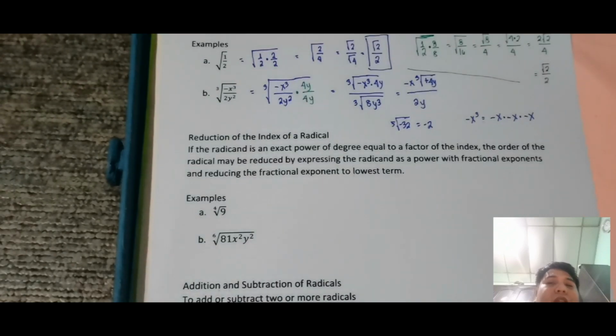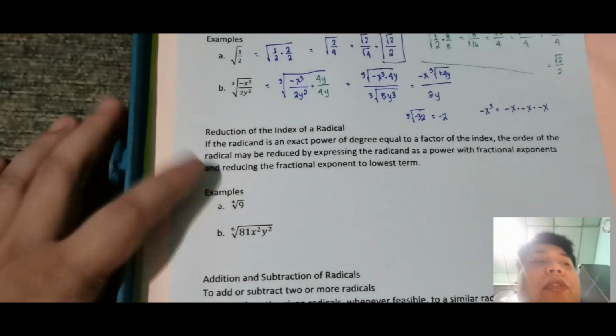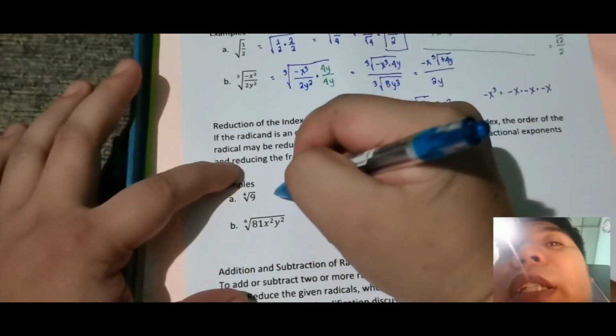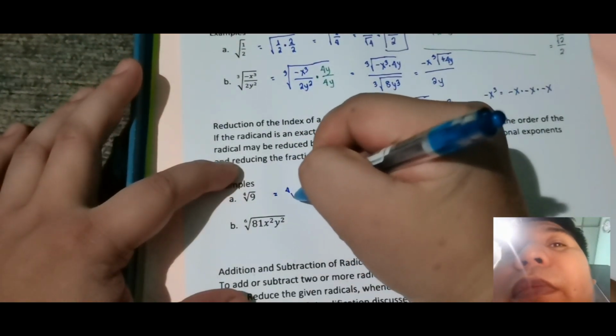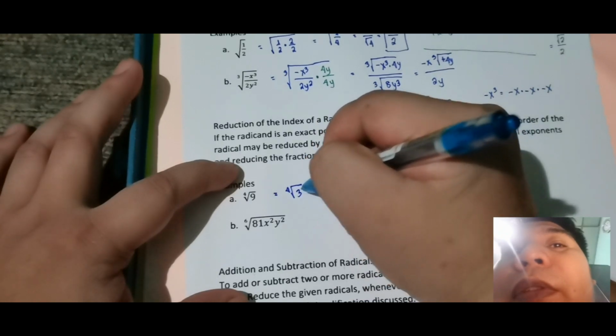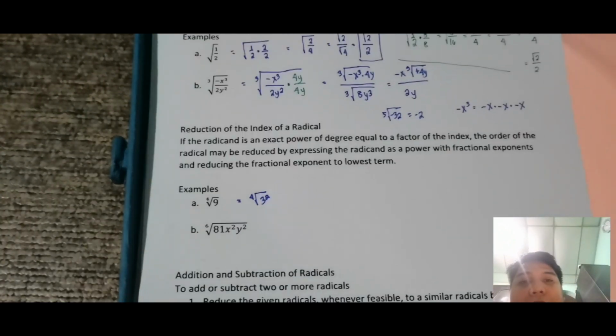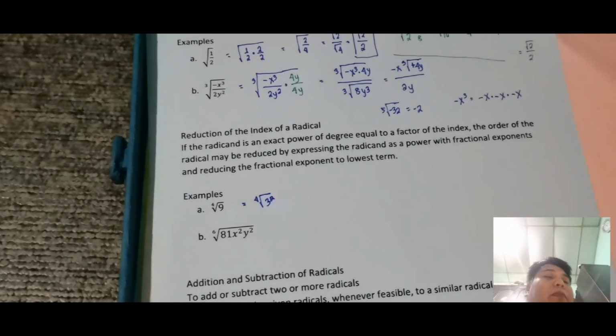For example, letter A, if we have fourth root of square root of 9. Si 9, ano pansinin nyo? Si 9 is perfect square. Si 9 is 3 times 3 or 3 squared. So this is equivalent sa 4th root of 3 squared. Tama? Ang sabi niya, i-reduce mo by expressing the radicand as a power with fractional exponent.